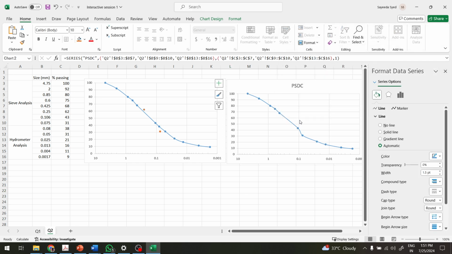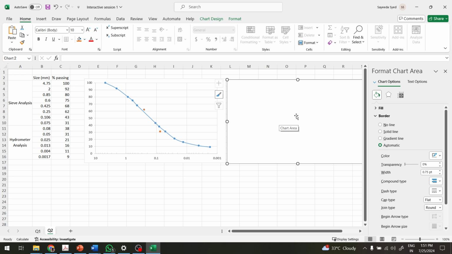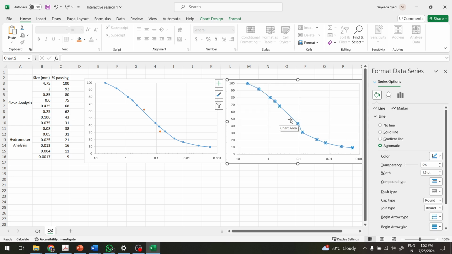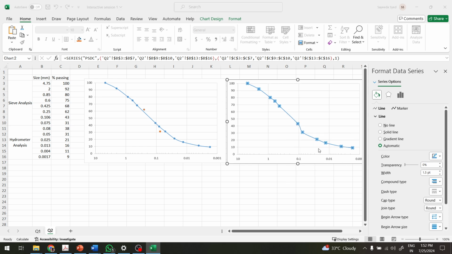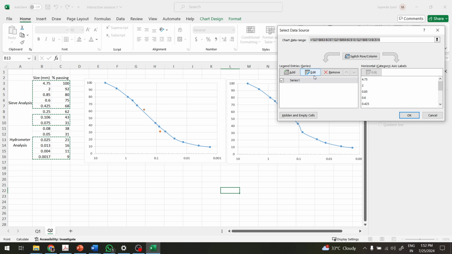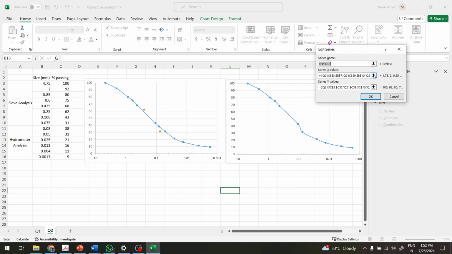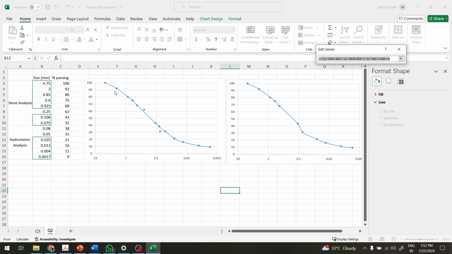We add and select the data, and we will have this is what we are taking.